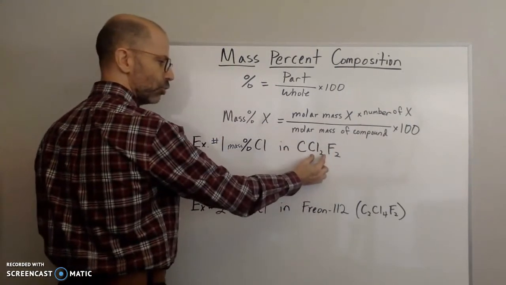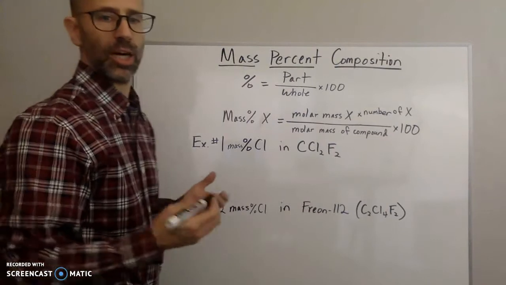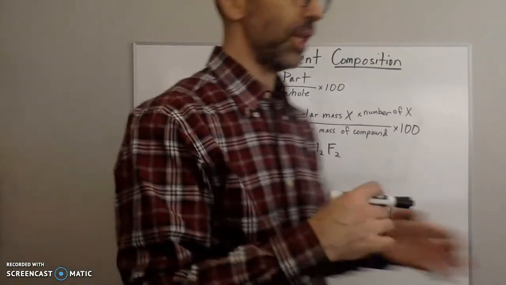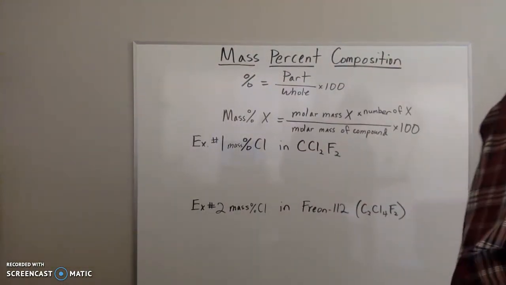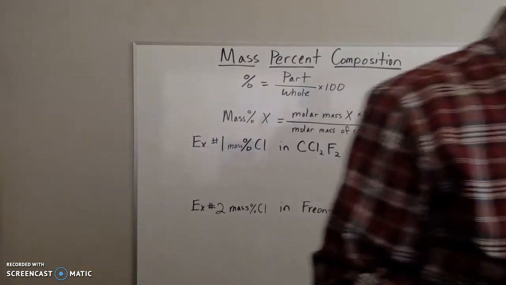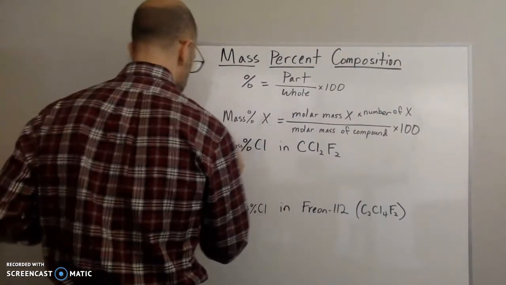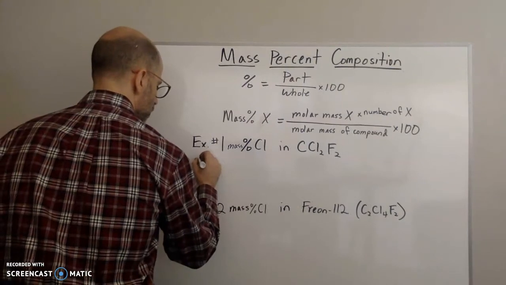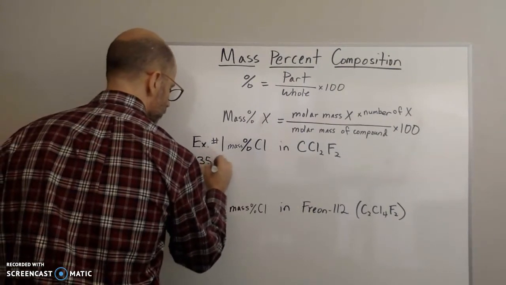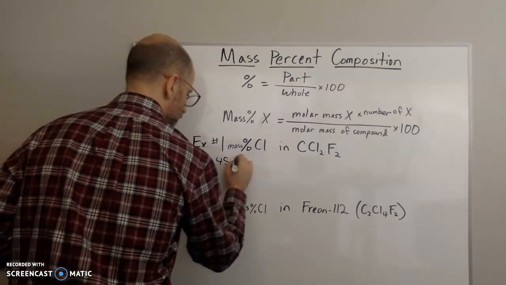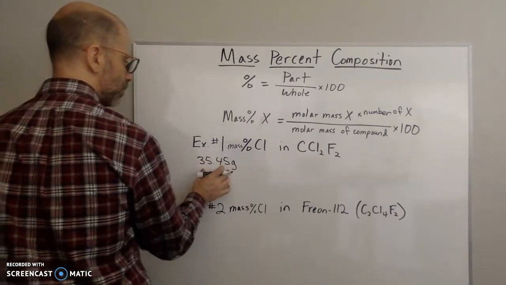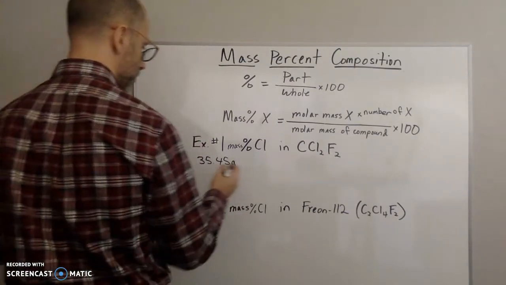So I have 2 chlorines. I'm going to look up the molar mass of chlorine in my periodic table, and that is going to be 35.45. So I have the molar mass 35.45, and that's going to be that many grams per mole, right?